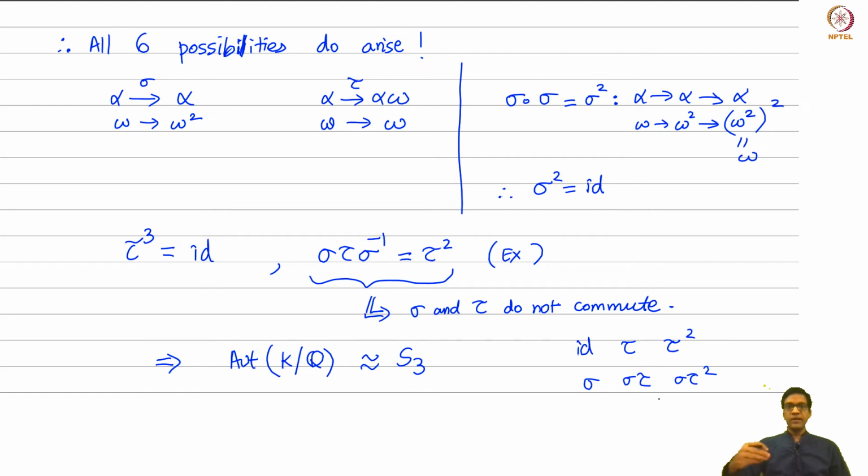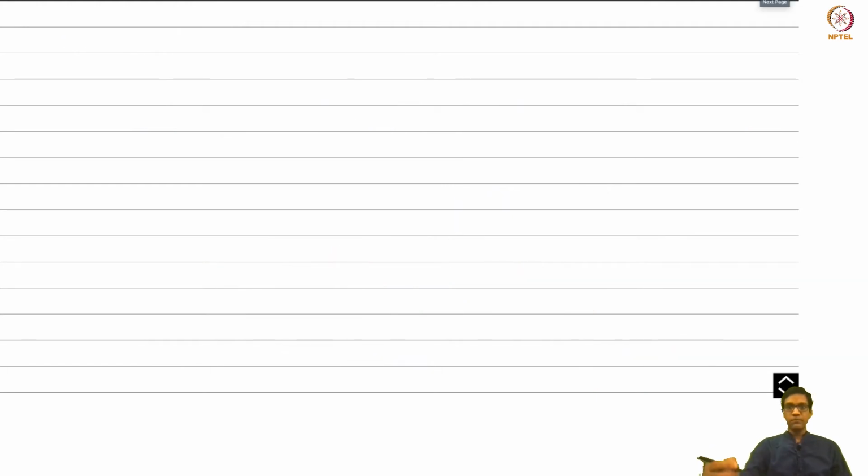Okay, alpha mapping to one of the 3, alpha, omega alpha, omega square alpha, omega mapping to one of the 2 possibilities, omega or omega square. Okay, now recall, what are the subgroups of this? What do the subgroups look like? So let's try to bring in the fundamental theorem of Galois theory here. So what do the subgroups of S3 look like?